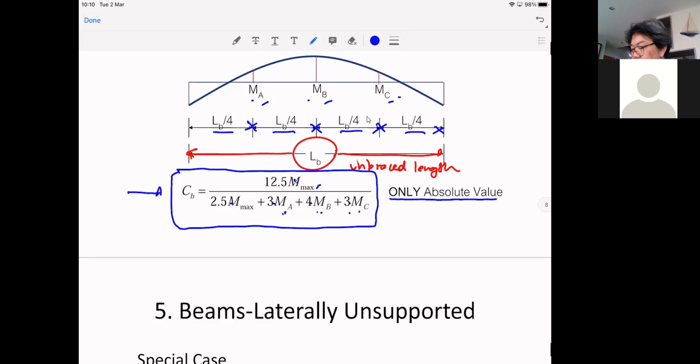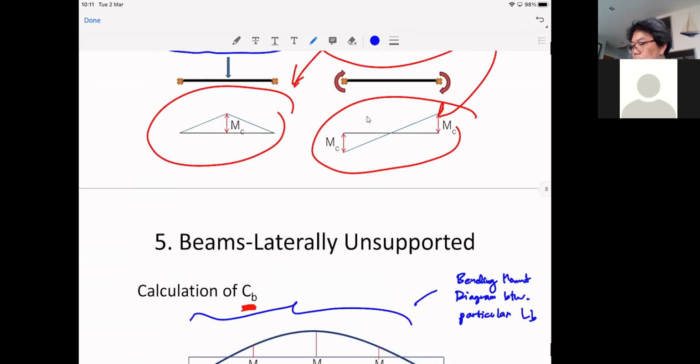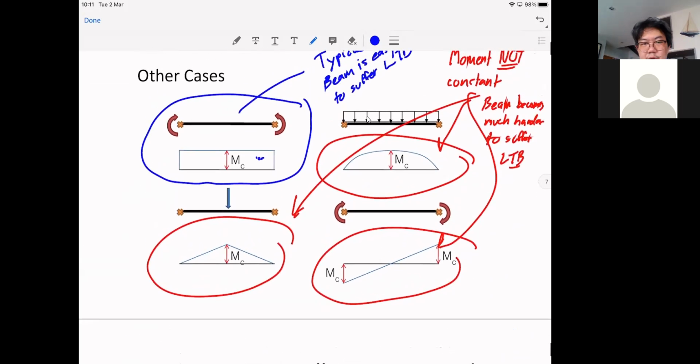And for the bottom, the denominator is 2.5 plus 3 plus 4 plus 3, which is also 12.5. So that means your CB will automatically become 1 if your moment is constant, okay, which is the worst case scenario.